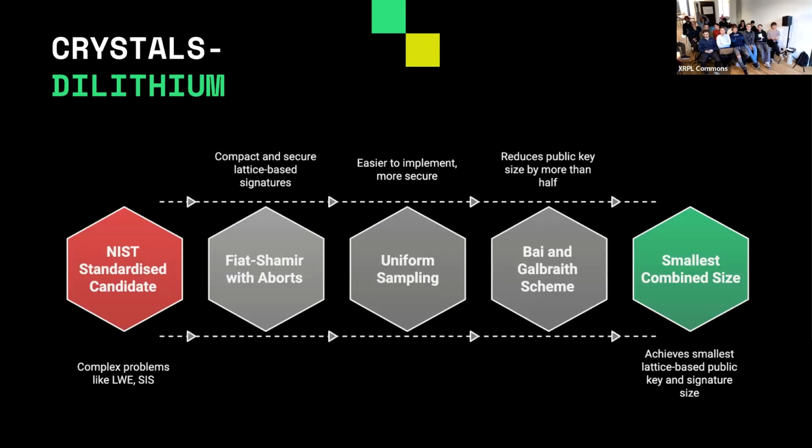Dilithium uses uniform sampling on top of this, which is easier to implement and more secure rather than the default Gaussian sampling. Moreover, it is built on the Bai and Galbraith scheme, which reduces the public key size by more than half. Using all of the techniques above, it achieves the smallest combined key size and signature size, which makes it a suitable candidate to be integrated into the XRPL.